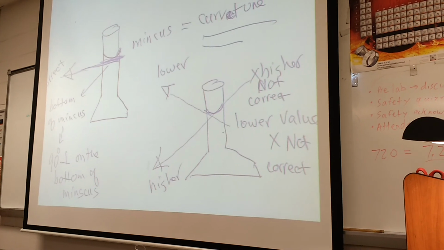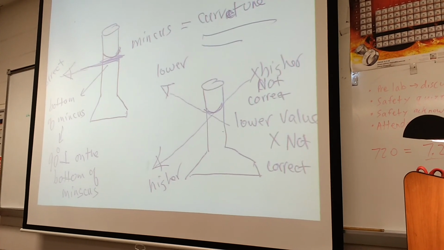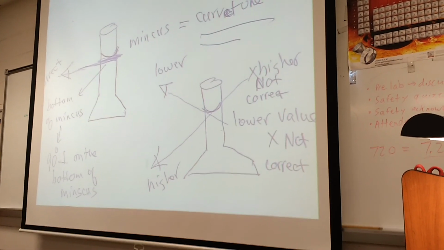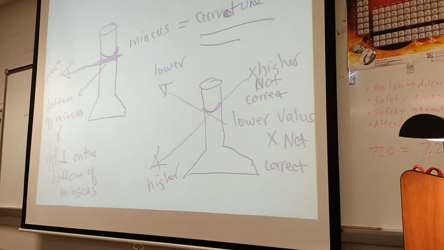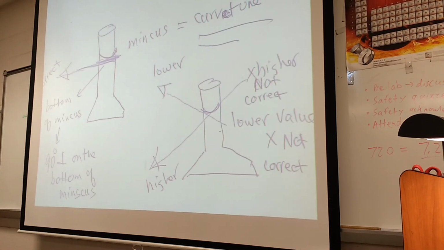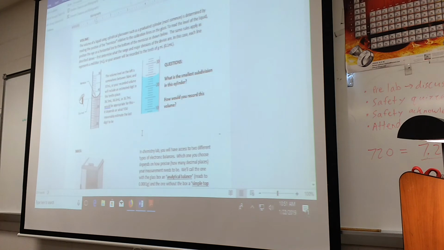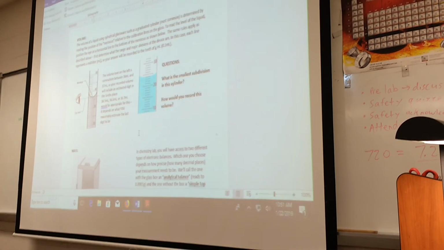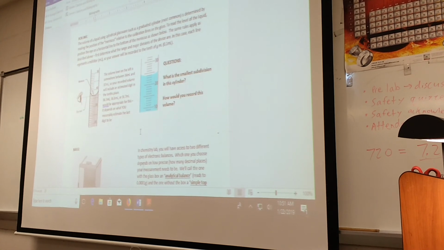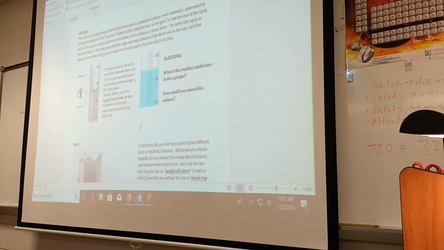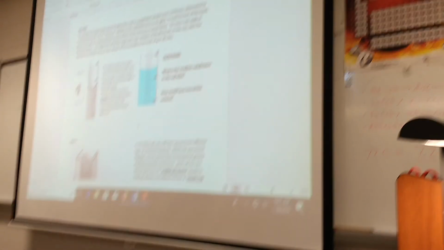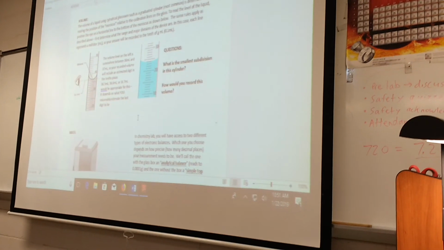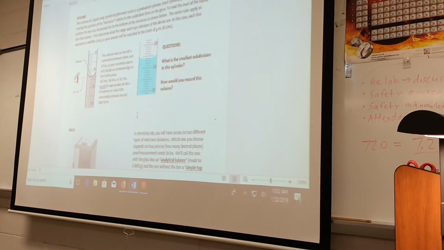Let me just switch in a minute to show you here. That's the mistakes you have. If your eyes are higher than the bottom of the meniscus, you read the lower value. If you go at the bottom of the meniscus, you read a higher value. It has to be 90 degrees perpendicular, correct?